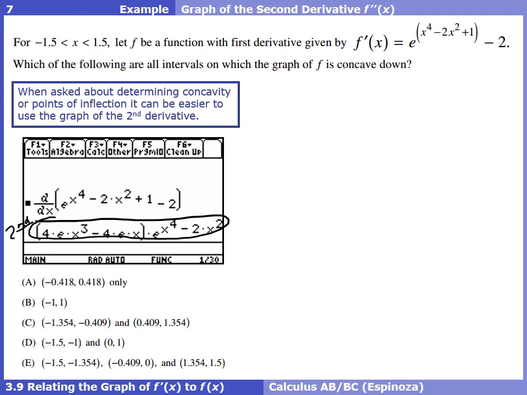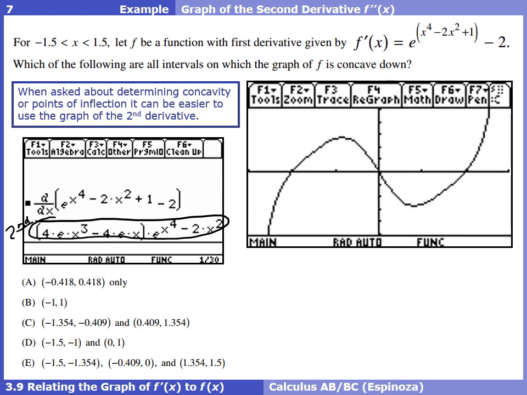And if you use the copy-paste feature, because typing this out in y equals is probably not a good idea, you can copy it, paste it into y equals and graph it, and you should get a graph like this. Just keep in mind, always restrict your window to the interval that the problem cares about. In this case, we're just going from negative 1.5 to 1.5.